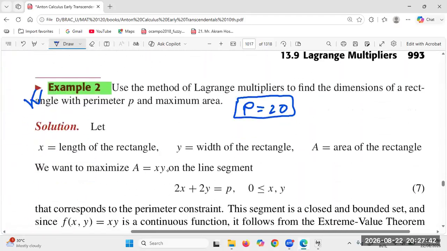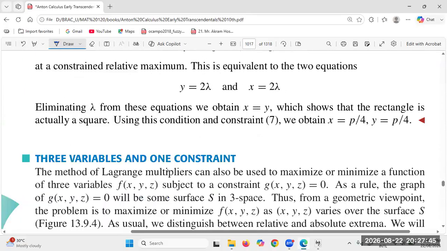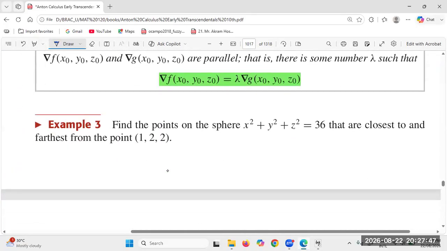Okay, so another example from, let's say, this one.